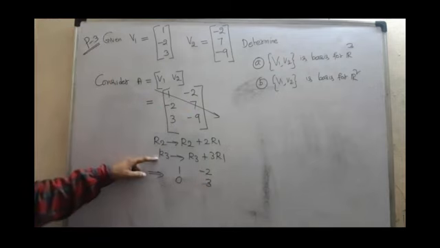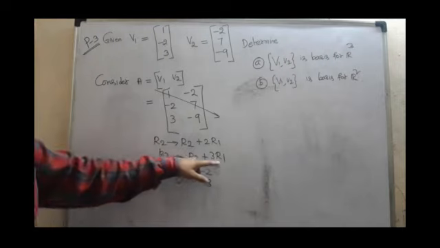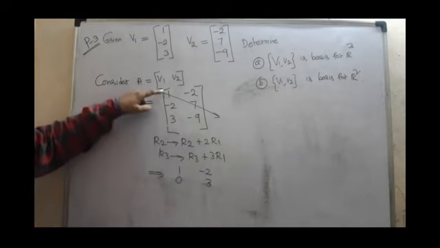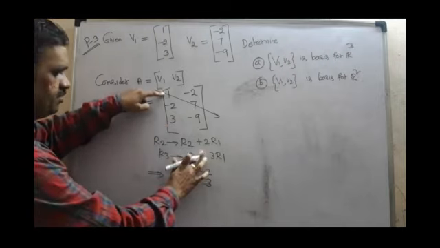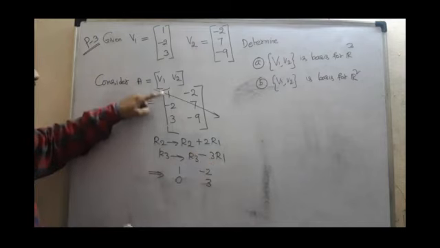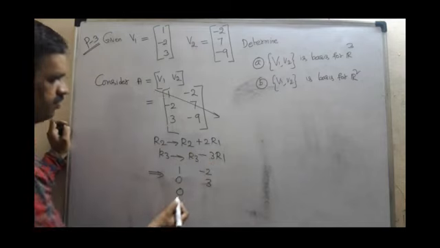Next R3 implies R3 plus 3R1. 3 minus 3 is 0.